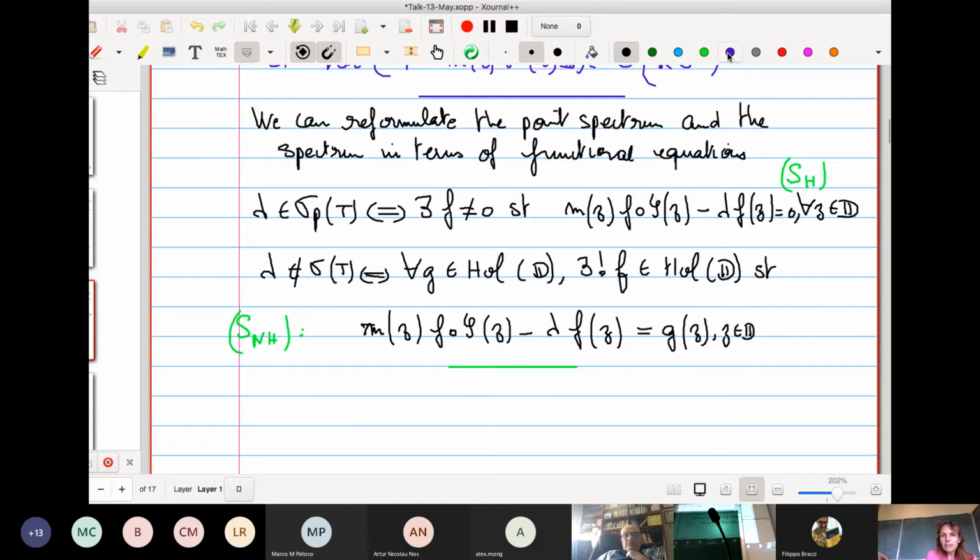Okay, so maybe that's the second part of the talk, about the homogeneous Schroeder equation.